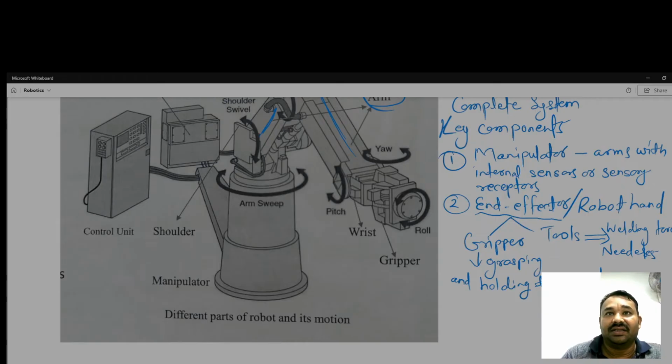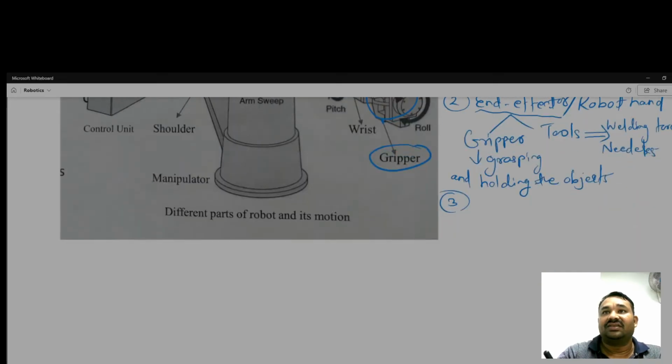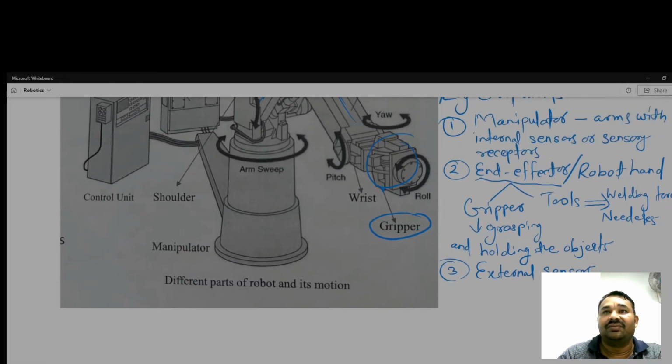Here is the gripper, the part of the end effector, and it is here at the end of the robot. The third one is the external sensors, like force sensors, contact sensors, proximity sensors, whatever the sensors may be, encoders. For a position sensor, for example, we use an encoder.